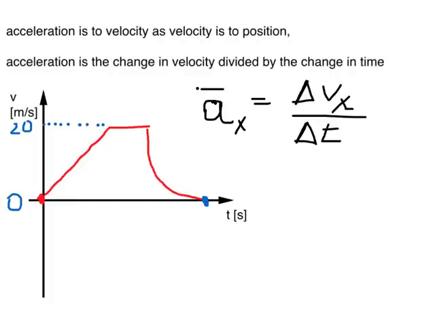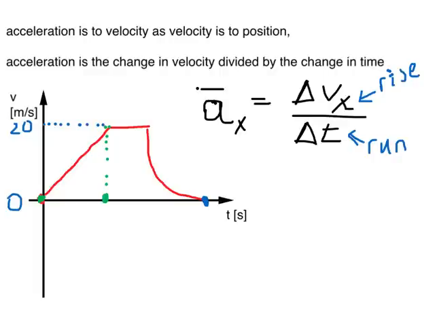Now once again, we can see that this has the shape of a rise over a run. So once again, it's a little slope. So let's say we were looking at the acceleration of my car between these two moments in time, 0 here and this moment here.